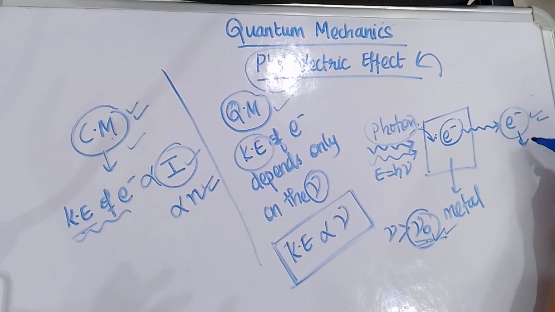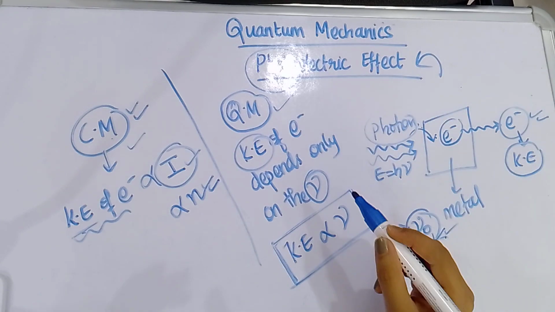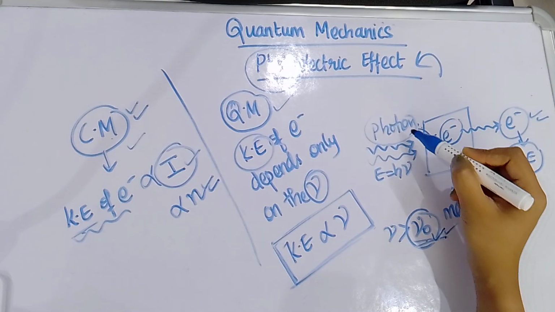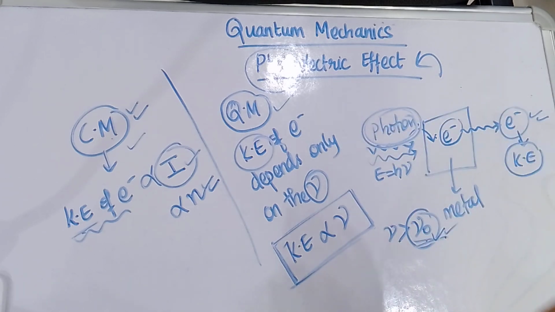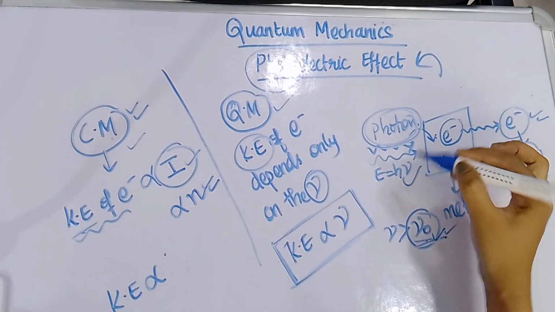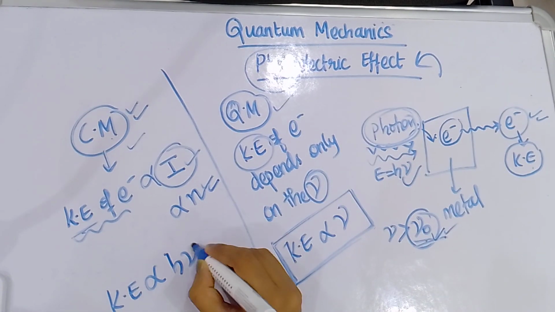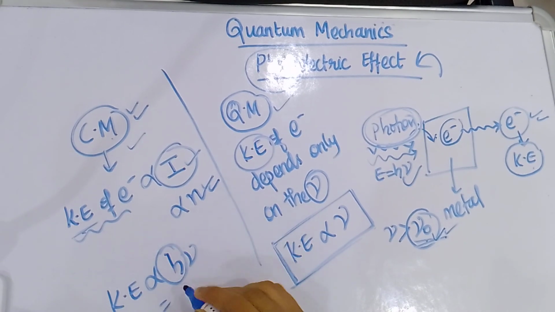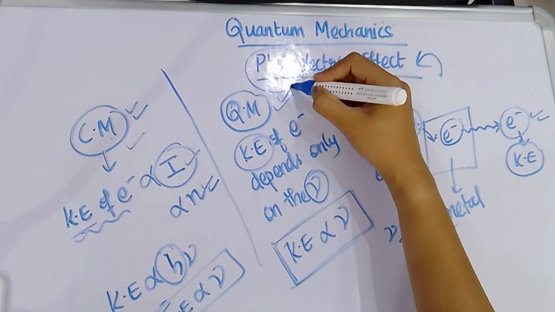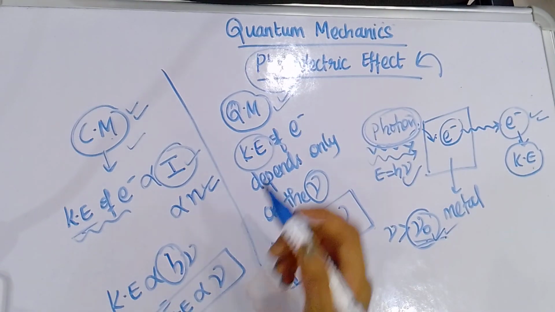Now this electron has kinetic energy. If you go back and look at the history, where is this energy coming from? From the photon's energy. So we can say the kinetic energy depends on the energy of the photon. What is the energy of the photon? h nu. That means h is a constant, so the kinetic energy is dependent on the frequency of the incident photon. That was proved by quantum mechanics.